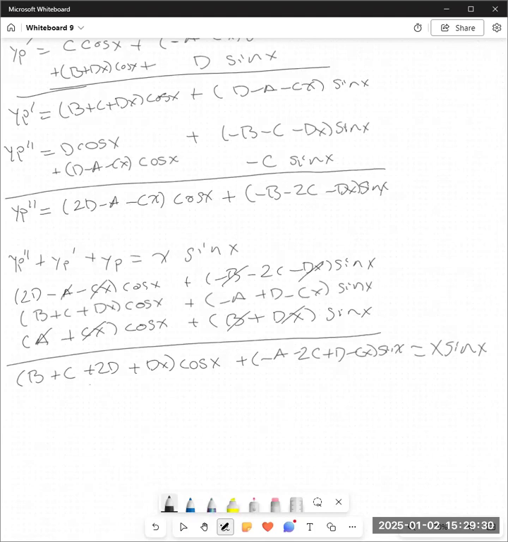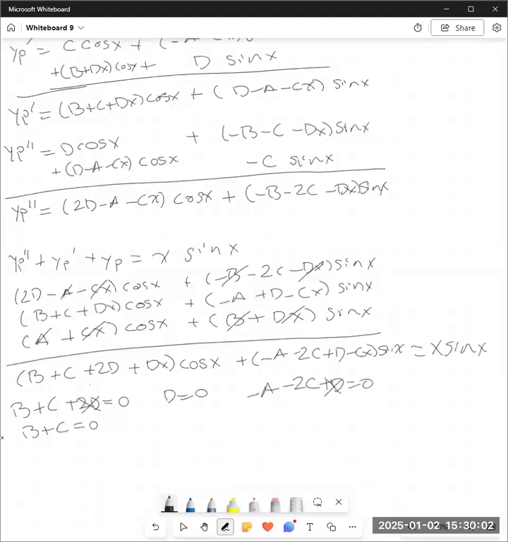So there are 0 cosine x's, so B plus C plus 2D equals 0. There are no x cosine x's, so D equals 0. That just eliminates that term for me, reducing this to B plus C equals 0. I have no regular sine x's, so negative A minus 2C plus D equals 0. That D term isn't important because it's already 0.